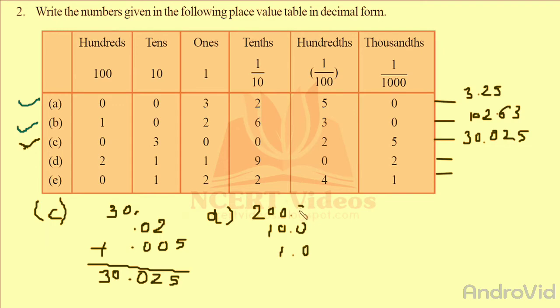Filling other parts with zeros makes it clear. So 0.9, and 0.02, zeros, and adding them up, 9, 0, 2, 2, 1, 1.